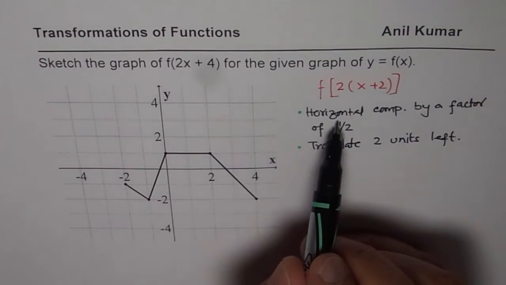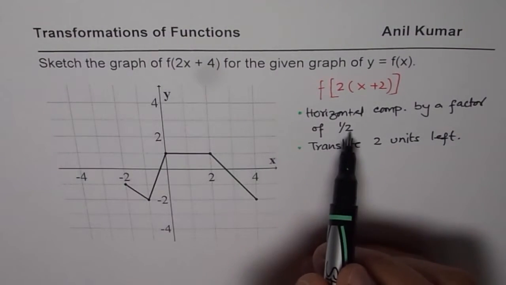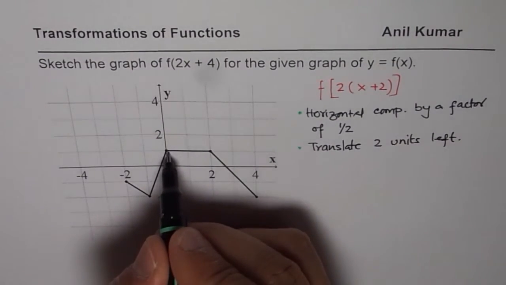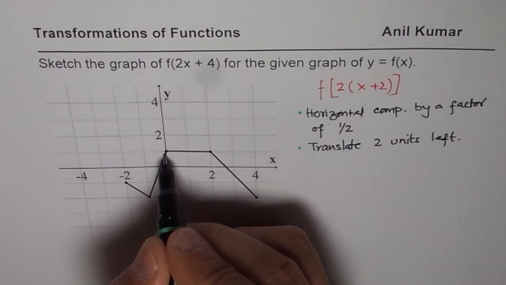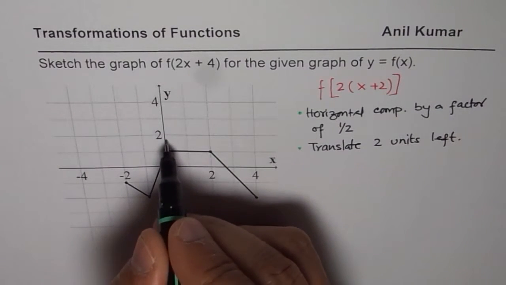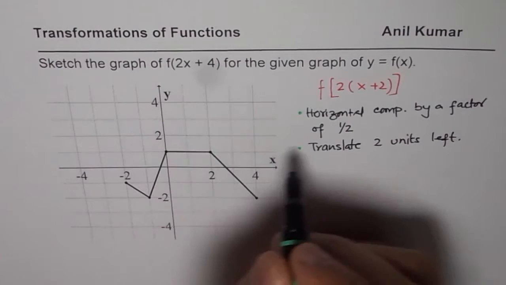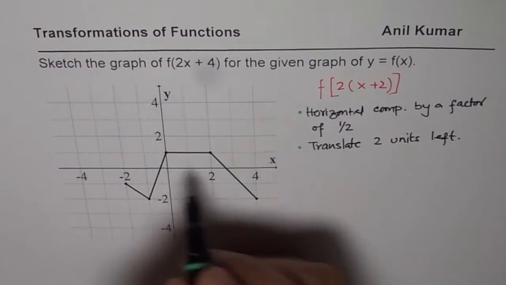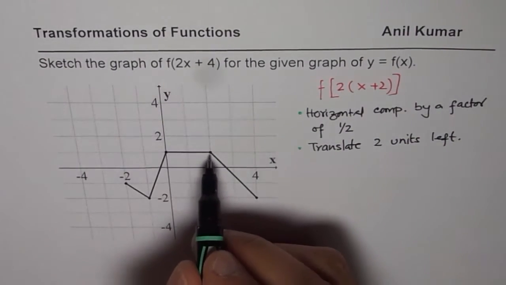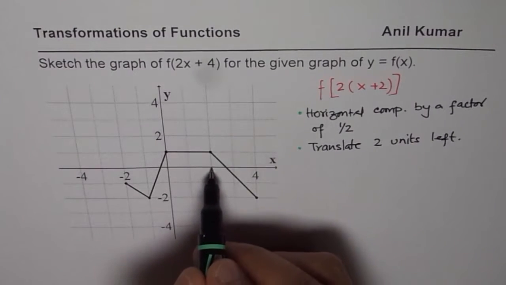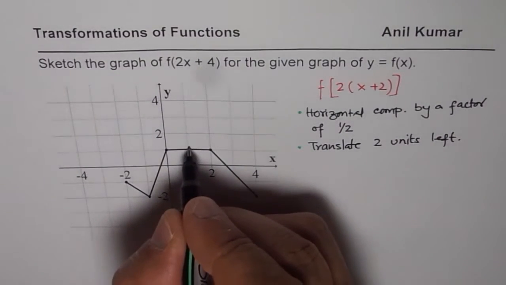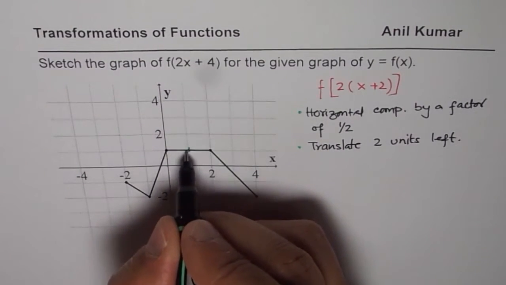First, it is horizontally compressed by a factor of half. When you're looking at compressions, we begin with the point which is on the y-axis, where x is 0. Half of 0 is 0, so that remains there itself. However, this particular point which is at 2, half will be at 1. So this will shift to 1, right?